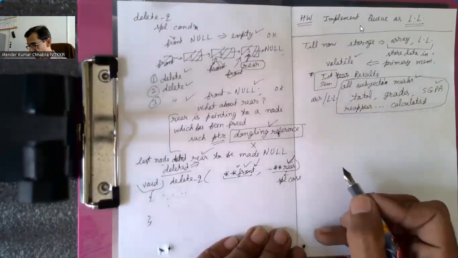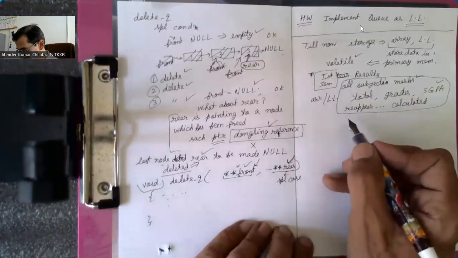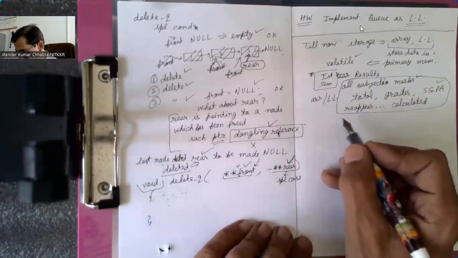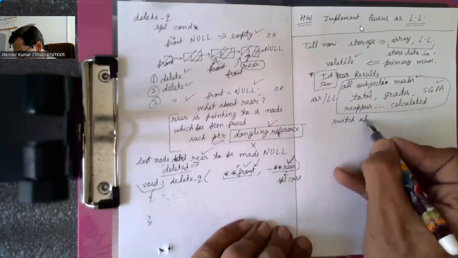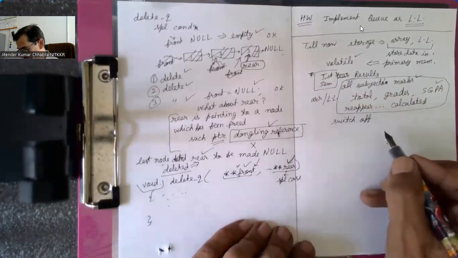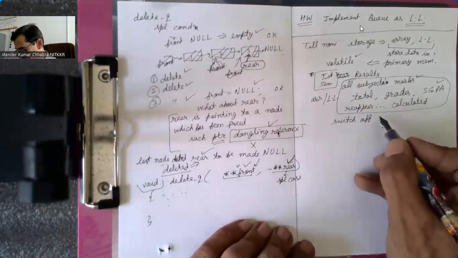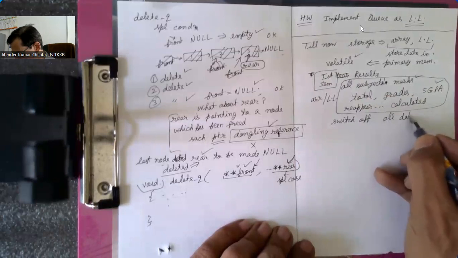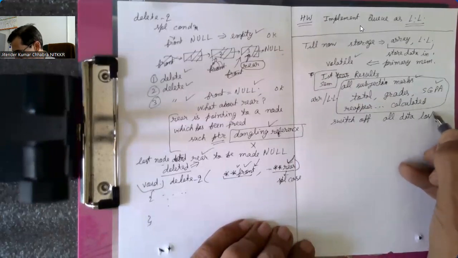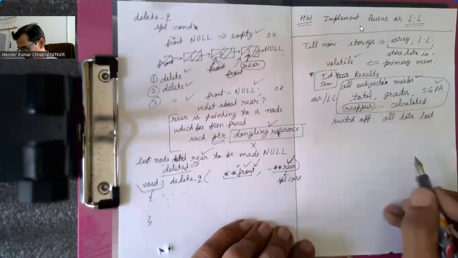Now all this has been stored, let's say, in some array or in a linked list. The result is ready. But before I could print this, or even after I print it, I switch off the computer or power trips. Maybe I have a server, but because light went in the night, the machine got switched off. All data lost. Your result is lost. Yes, those students who had a reappear will be happy that the reappear is lost.